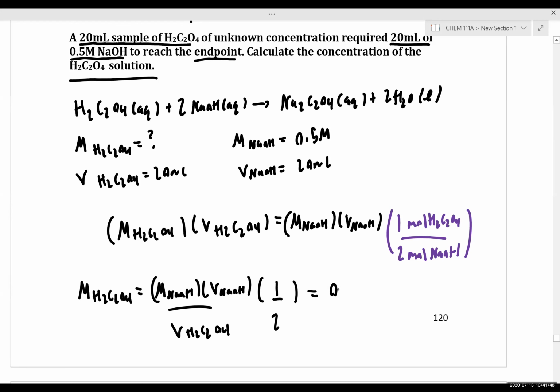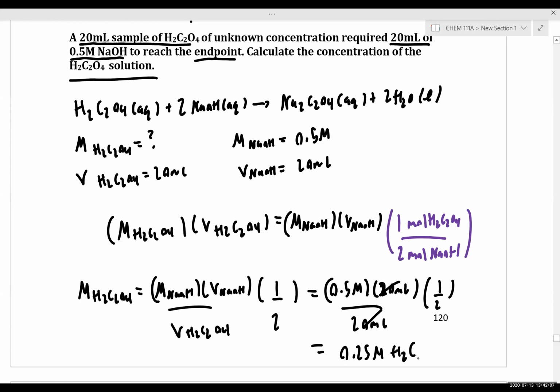Plugging this in, we get 0.5 molar times 20 milliliters over 20 milliliters times 1/2. That gives us 0.25 molar oxalic acid. Does this example make sense to everyone? Does this example make sense so far? Any questions on this example?